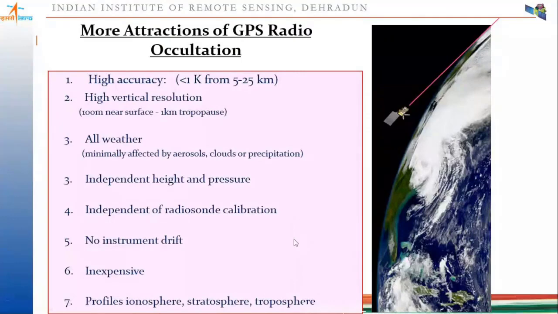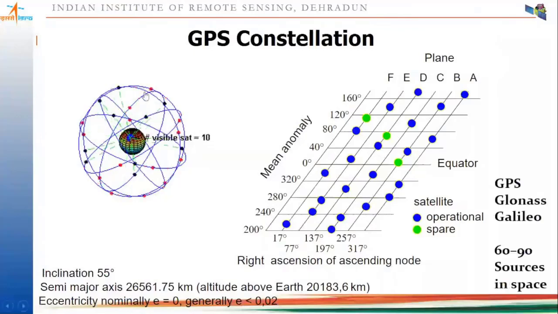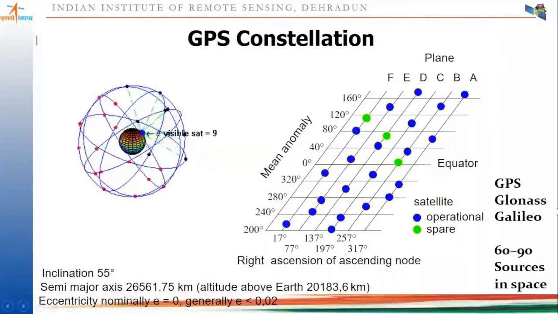As I already told you, there are 24 GPS satellites. For positioning purposes, a minimum of 4 satellites should be visible. But apart from that, a GPS signal is required. The low Earth orbit satellite will receive the signals from the GPS satellites.